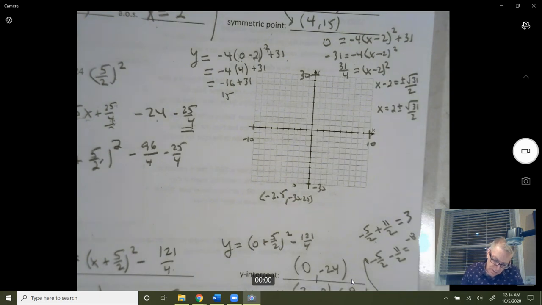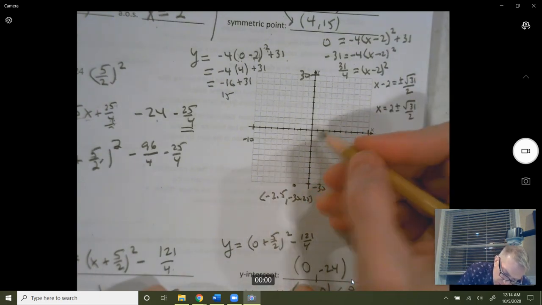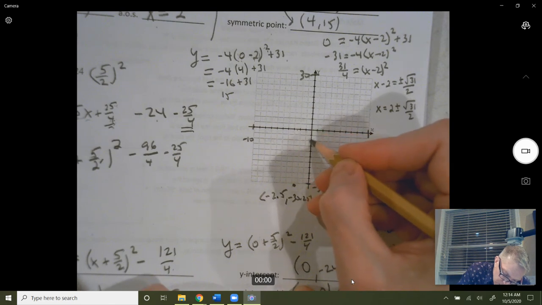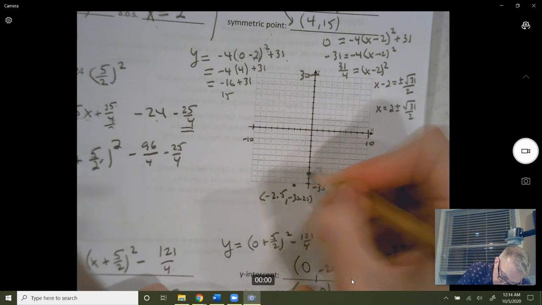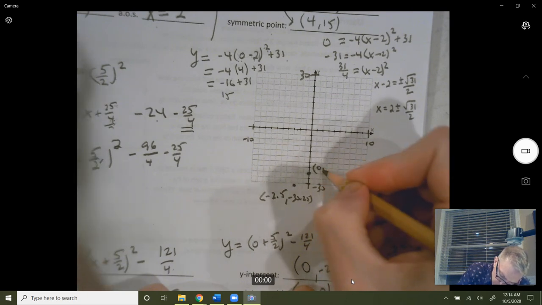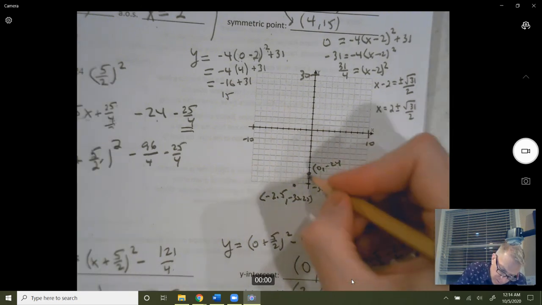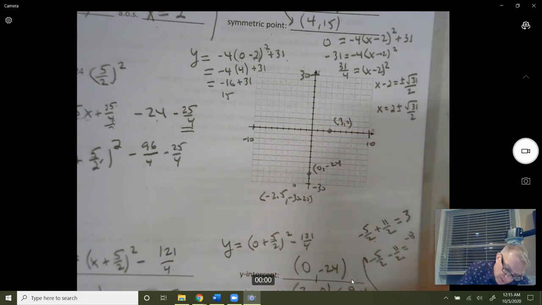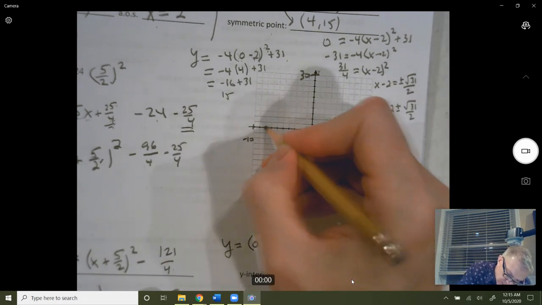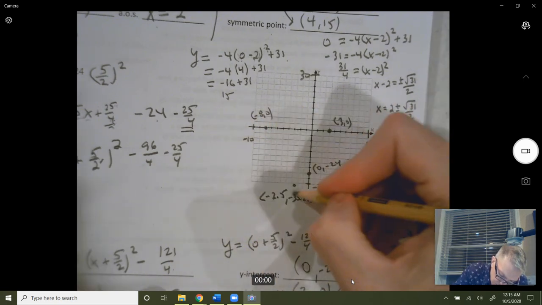And then my y-intercept is (0, negative 24). So 3, 6, 9. It should be at 8, right? 8 times 3. Okay. And then (3, 0) is an x-intercept, and (negative 8, 0) is the other x-intercept. Now I'm going to draw my axis of symmetry.